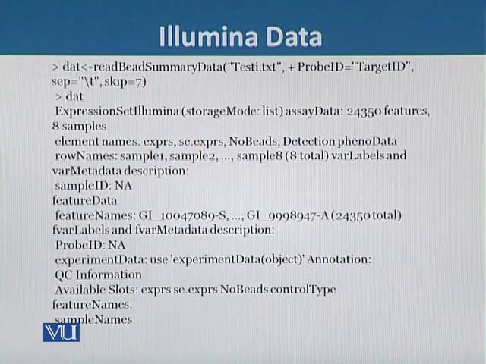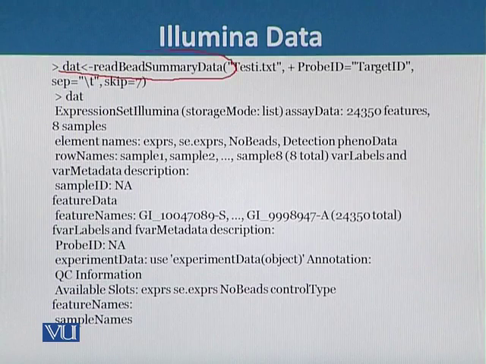Here we can see it's a long code for Illumina. We can use this read bead summary data command to read either the probe IDs or target IDs.